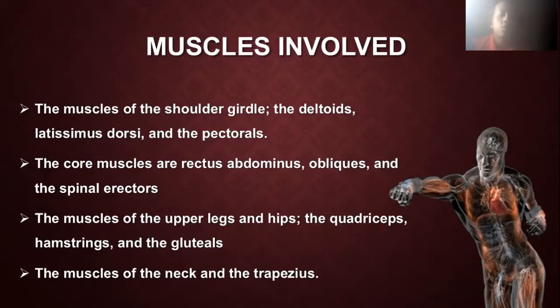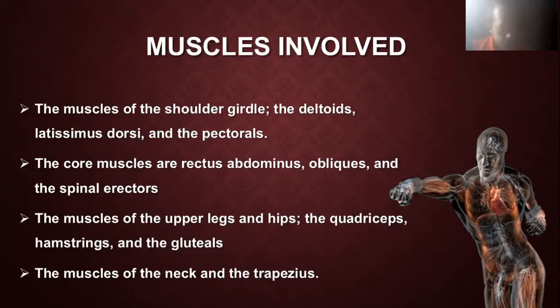For the first one, the muscles of the shoulder girdle. The muscle is the deltoid. Before that, the function of the shoulder girdle muscles is to give strength and range of motion to the arm.